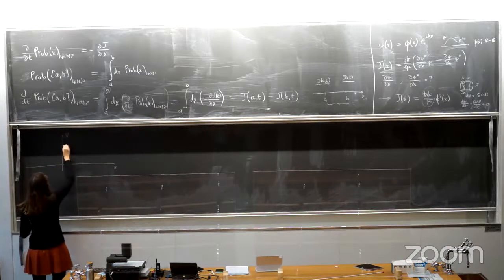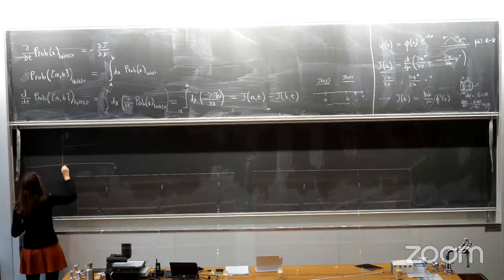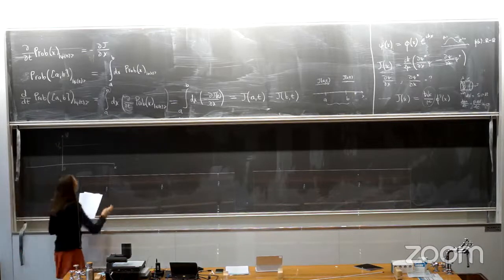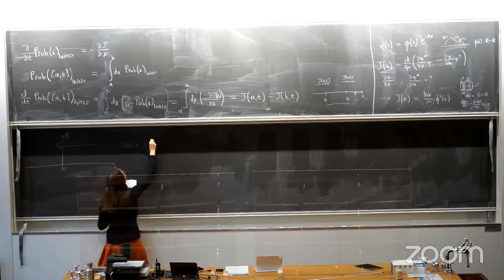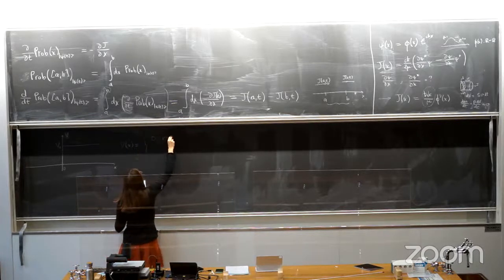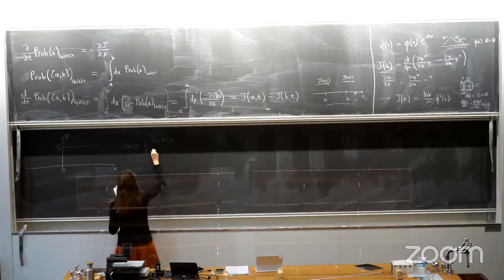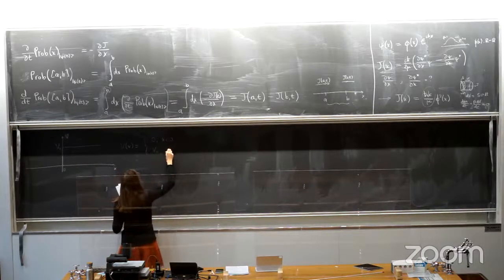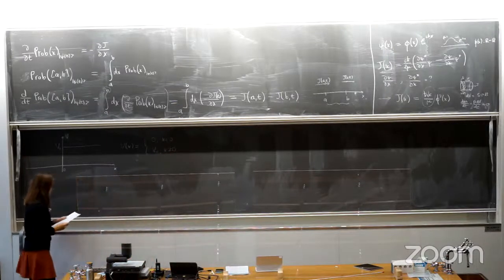We have a step potential, which means that V of x is 0 for x smaller than 0, and V0 for x bigger than 0.